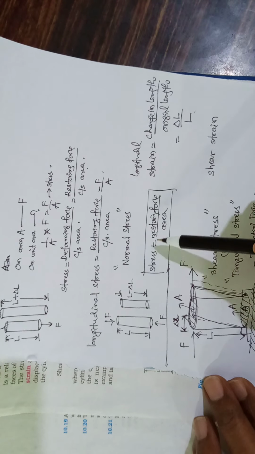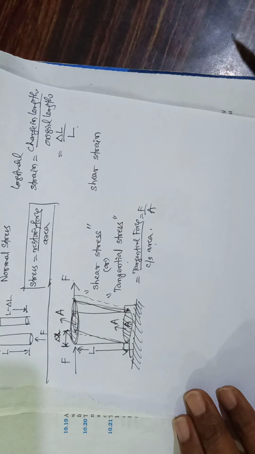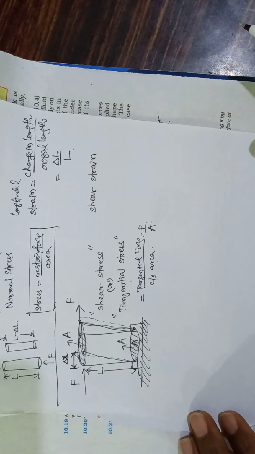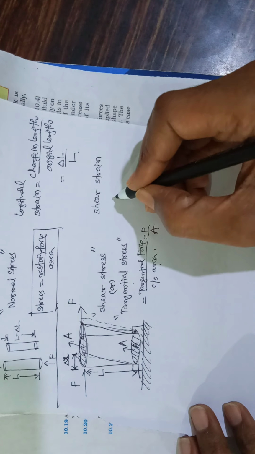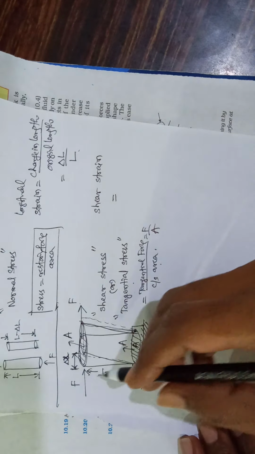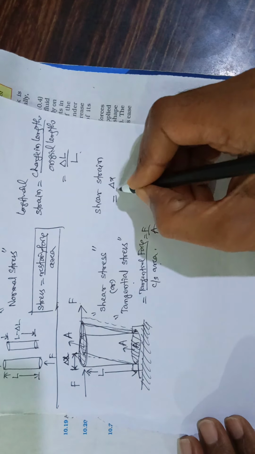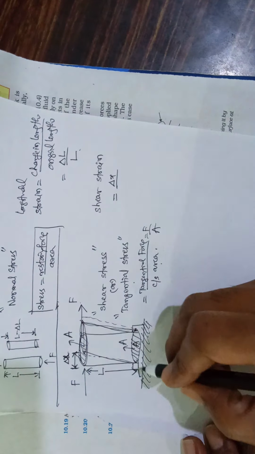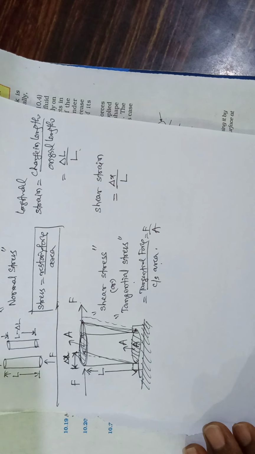Here shear stress causes shear strain. Now you want to measure the shear strain. The shear strain is measured as displacement by height of the cylinder, or length of the cylinder.